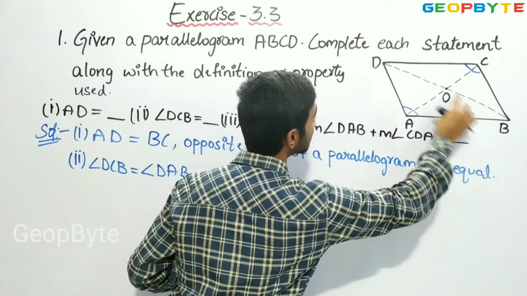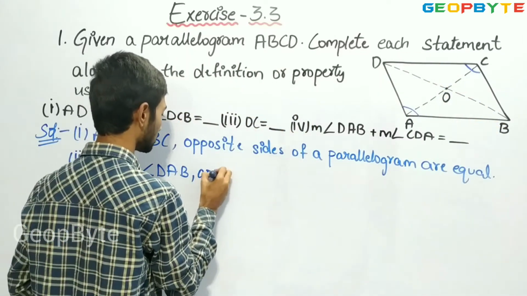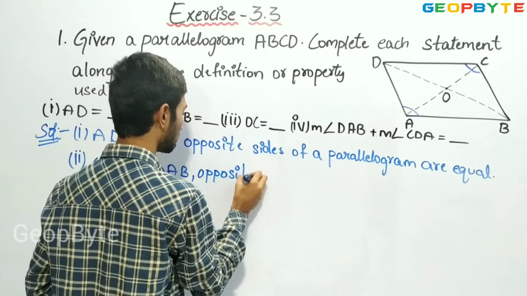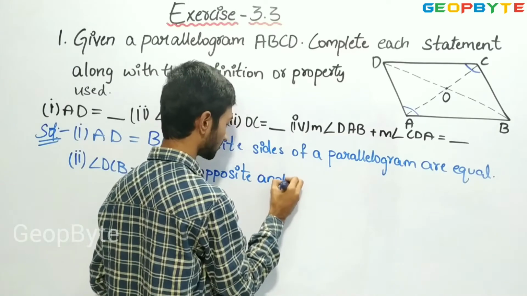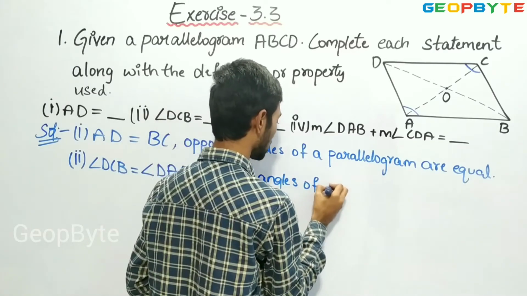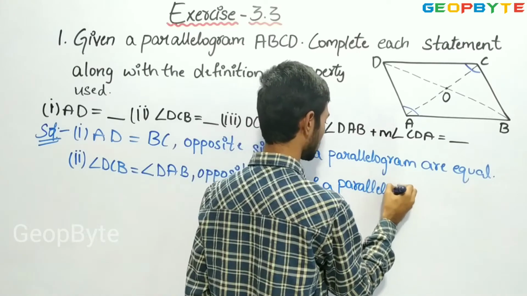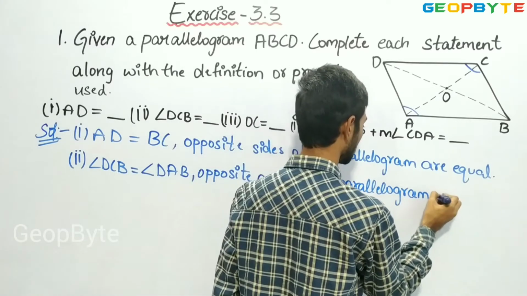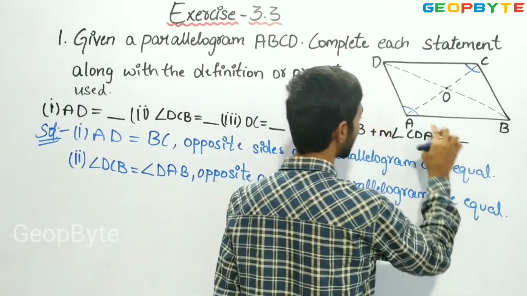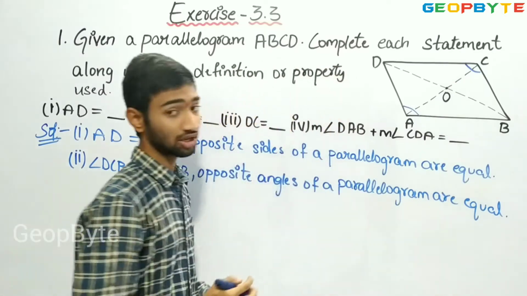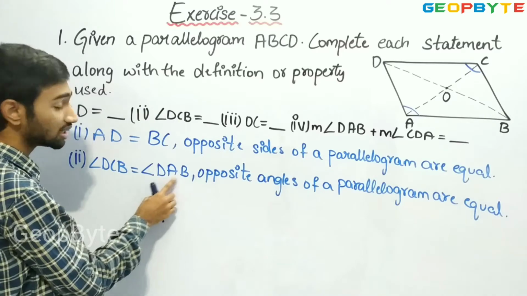Angle DAB is equal to angle DCB because opposite angles of a parallelogram are equal. So here angle A is opposite to angle C, therefore opposite angles are equal. That is angle DCB equal to angle DAB.